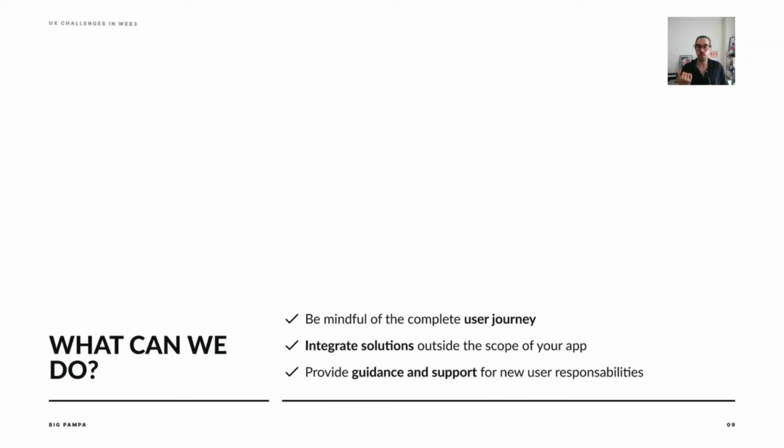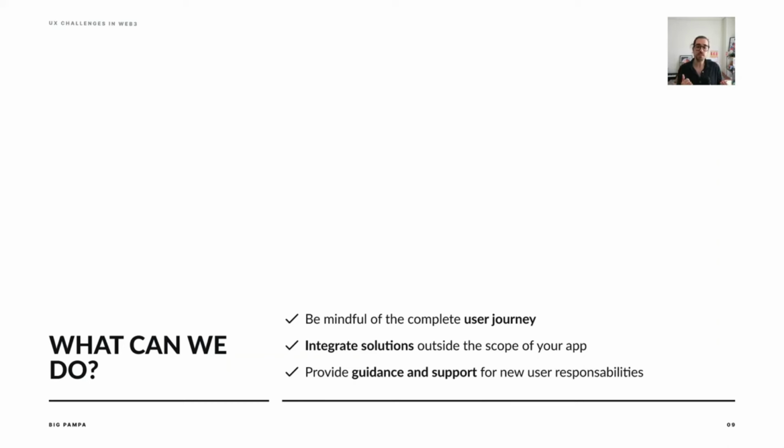By doing this, you could, for example, integrate solutions outside the specific scope of your app, meaning if after using your platform the user, for example, has to think about taxes, try to facilitate a tax solution inside of your product. At least try to give them enough information to do their own taxes afterwards.